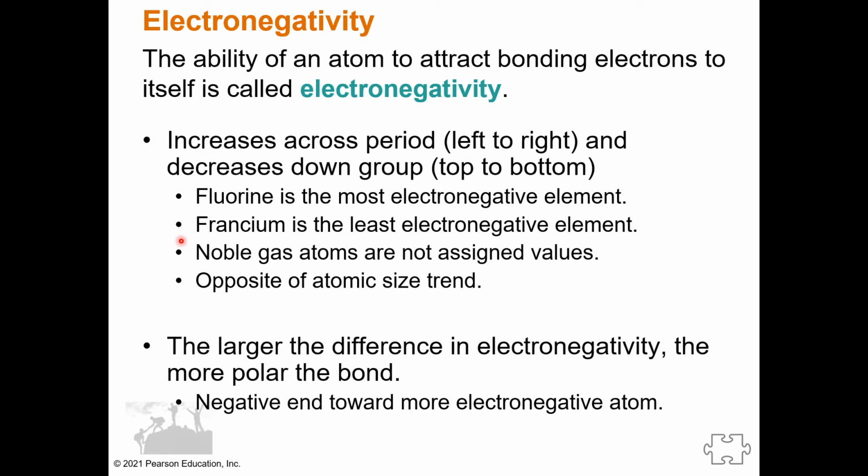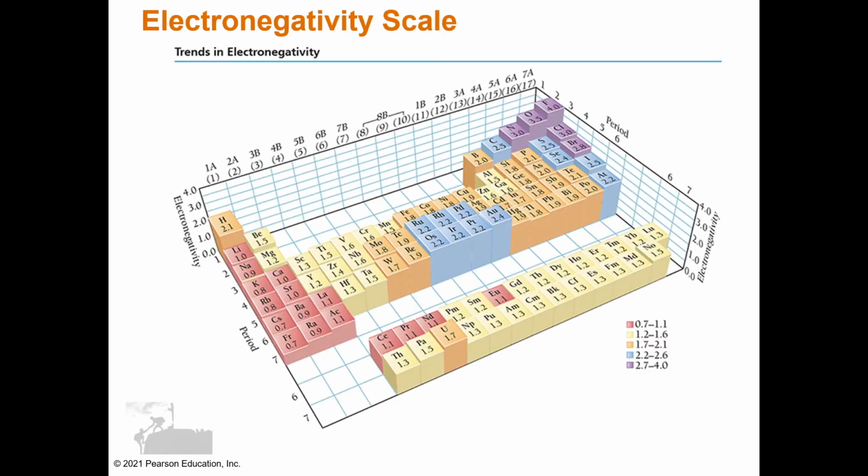So to figure out if a bond is polar or not, we have to take these electronegativity values, find the difference between the two of them, and then figure out if the bond between those atoms is polar or not. Here you could see that generally speaking, going from left to right, the electronegativity is increasing.